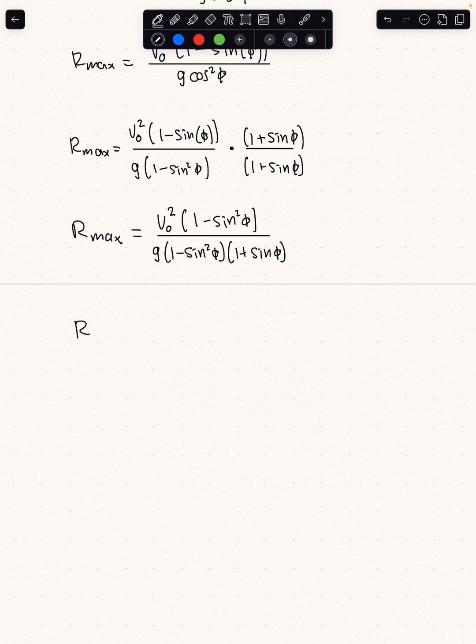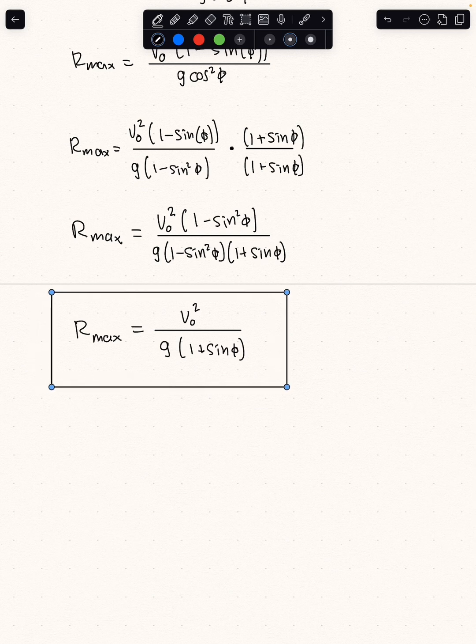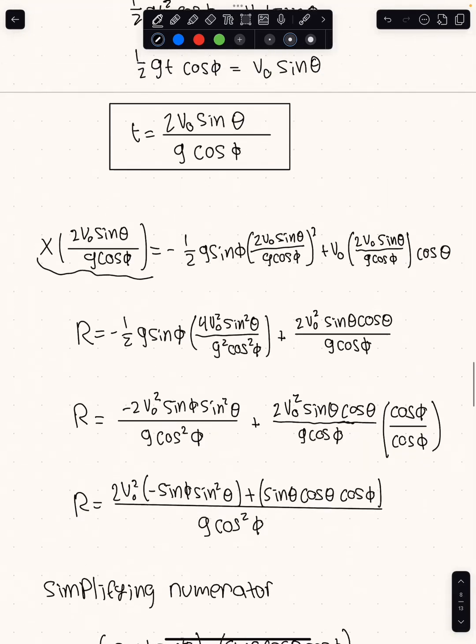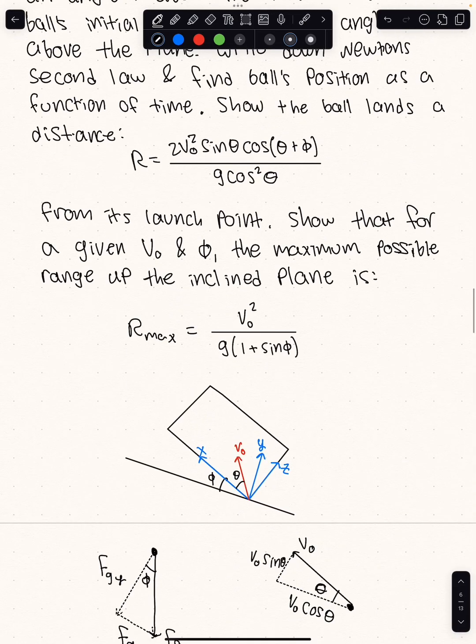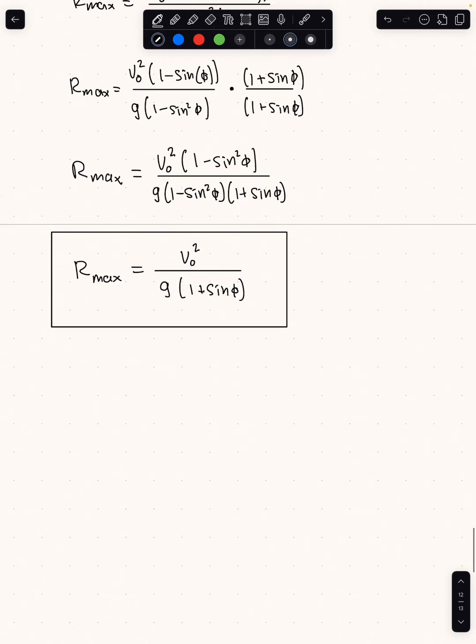And then this is going to very nicely go to V naught squared over g times 1 plus sine of phi. And that is our final answer. R max, the possible range up an inclined plane, is V naught squared over g times 1 plus sine phi. And that is indeed what we have here. Perfect.